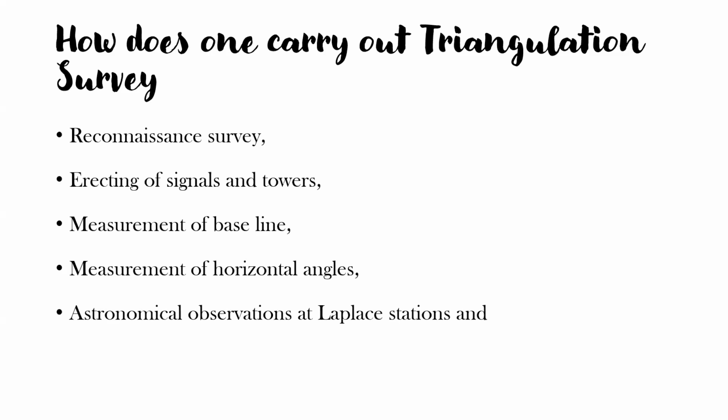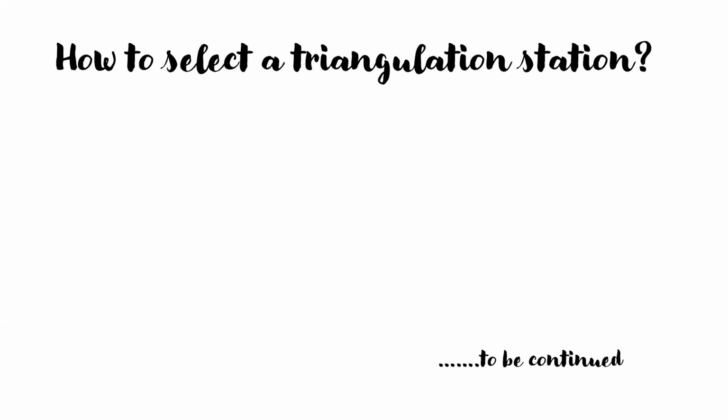Astronomical observations at Laplace stations are taken. Laplace stations are nothing but check stations used to measure the accuracy of the previous stations. Last come the computations. After measuring the length of the baseline and horizontal angles, all the remaining lengths will be computed as office work.